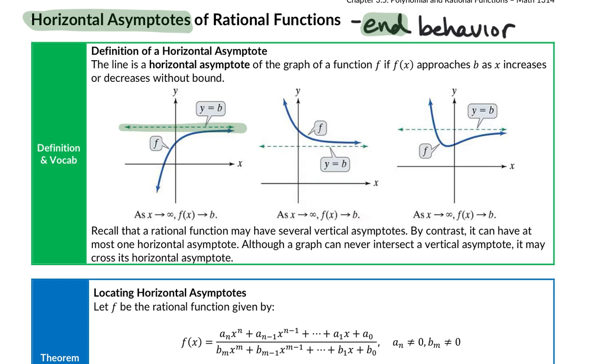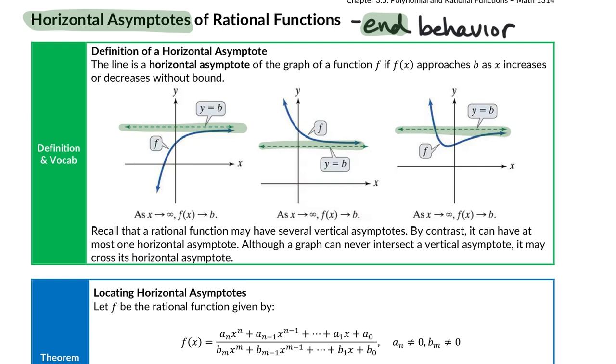That's a horizontal asymptote. What about this one? Does it cross it? But does it get close at the end of the graph? Okay, this third one, that is a horizontal asymptote. And even though it crosses right here, that's okay. Because at the end of the graph, isn't my graph getting very, very close to that green highlighted line? Yes. Its end behavior is its horizontal asymptote.